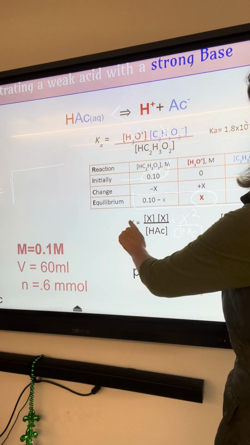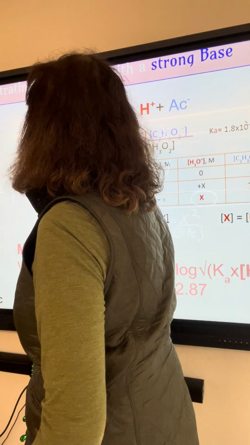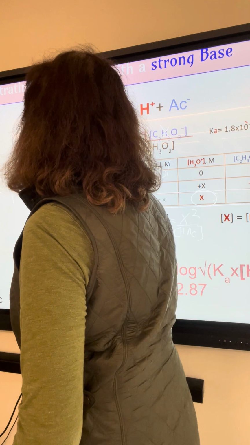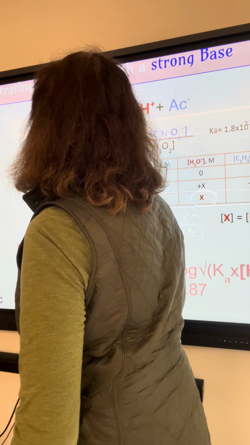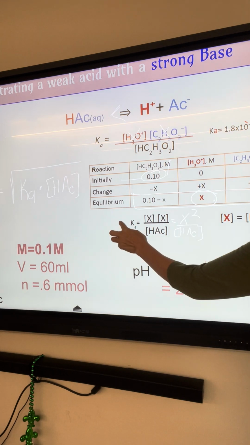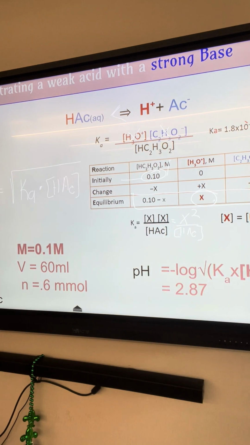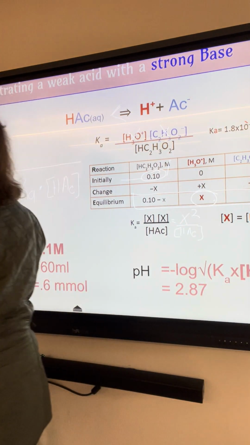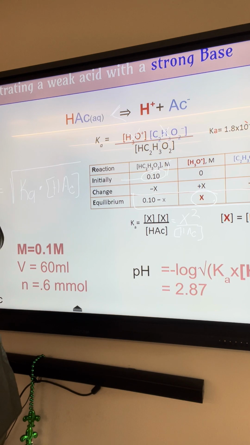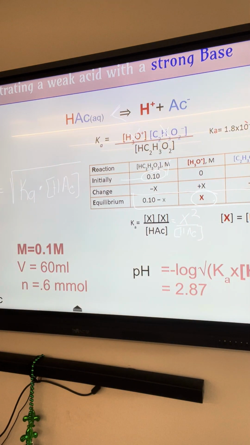I move this to that side, and it's Ka times the concentration of HAc. This goes to multiply over there. I take the square root on both sides, and I end up with that equation. What is X? Your hydrogen concentration. Now I can find the pH of this solution.